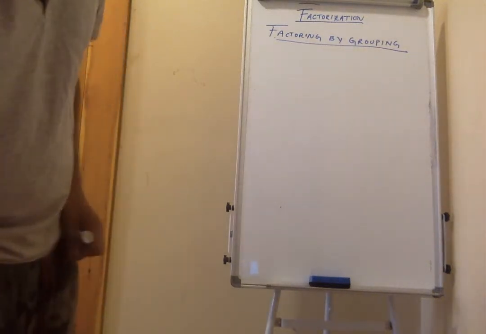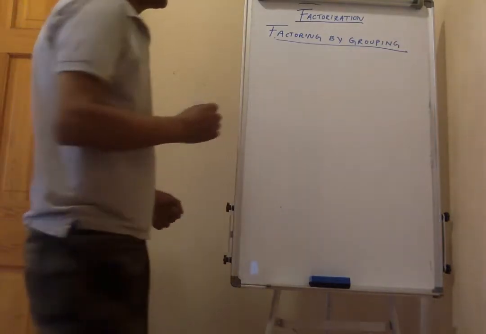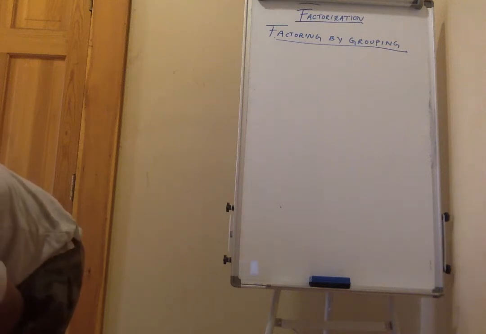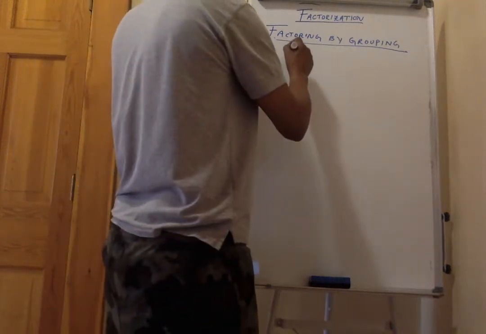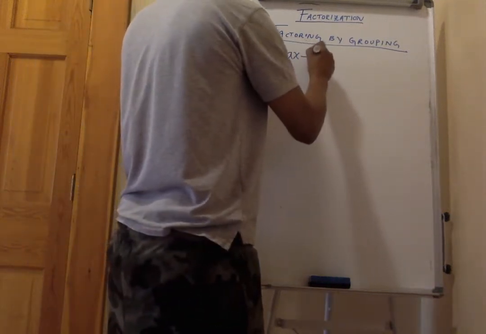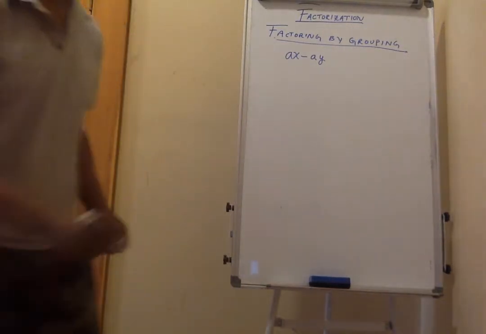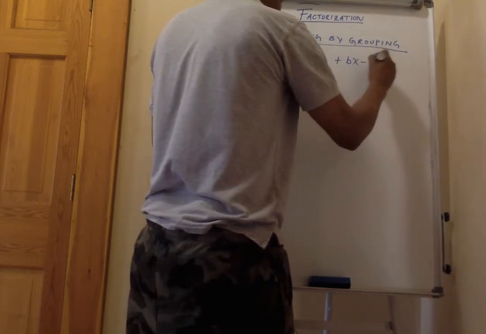Factoring by grouping. So let's say factoring by grouping is ax, let's say minus ay plus bx minus by.